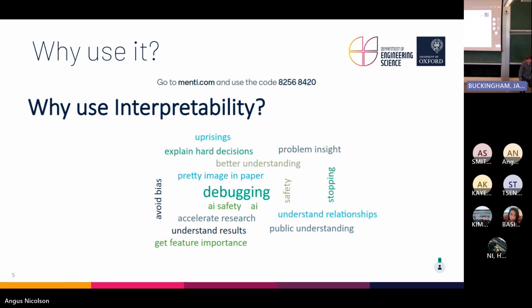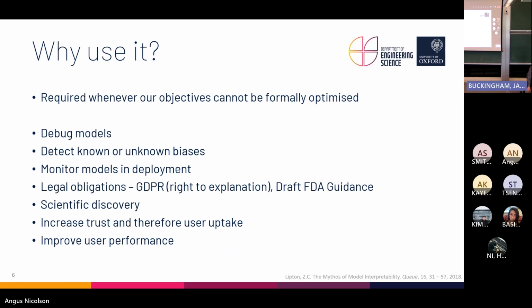Avoid bias, someone did put that. Get feature importance, I guess that's more a way of doing interpretability rather than something you want out of it. But all good options, kind of the things I wrote down, and I was curious to see how many you would come up with.